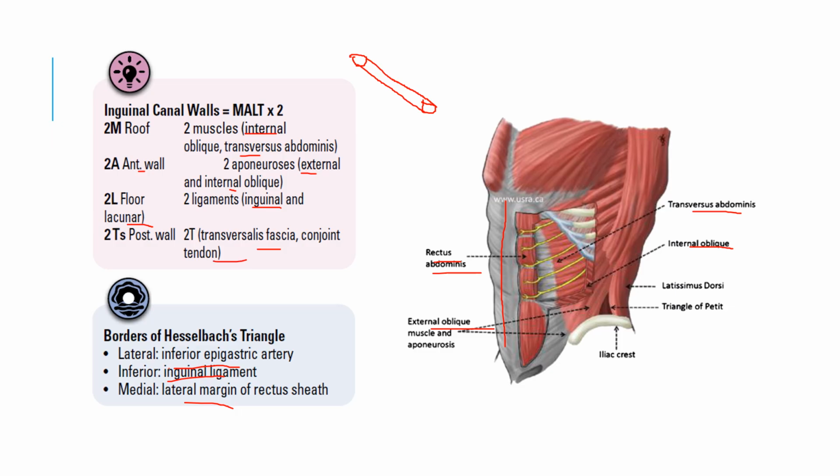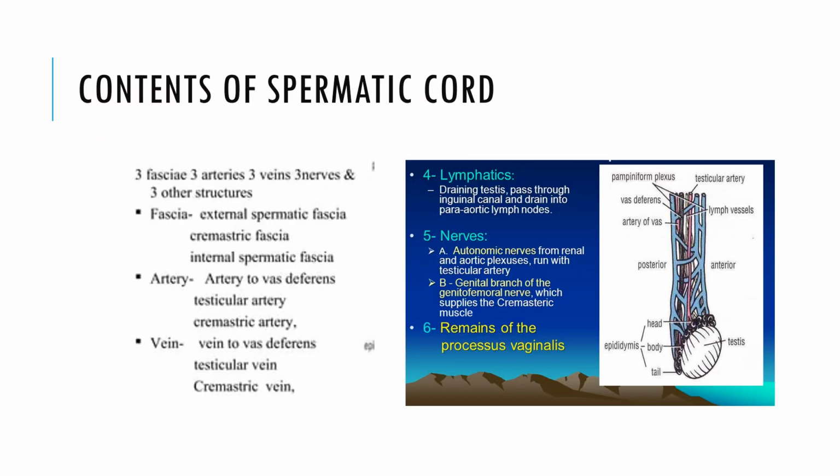That is not much important. You just have to get an orientation of this. You have to know the triangle of Hesselbach as well. So these are the contents of spermatic cord. In male, the inguinal canal has certain structures passing through it. In female, it is basically the remnant of processus vaginalis. Sometimes they can have inguinal hernia. It's not that inguinal hernia cannot happen in female.